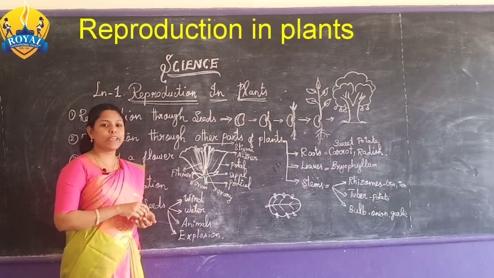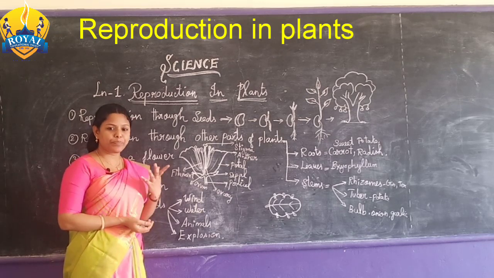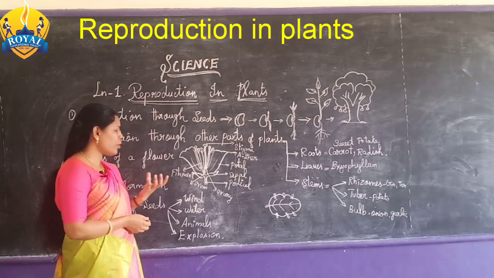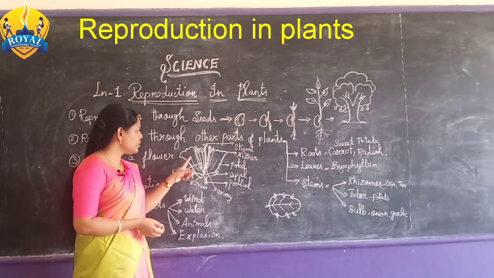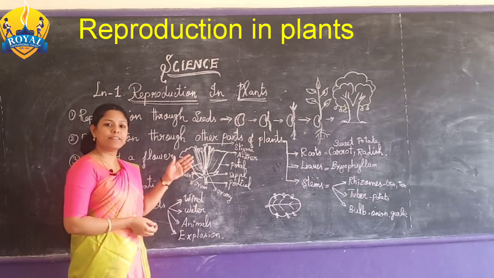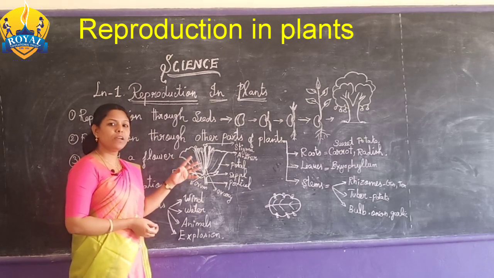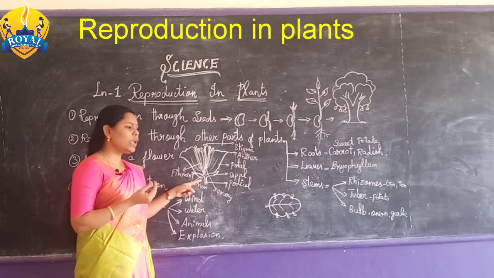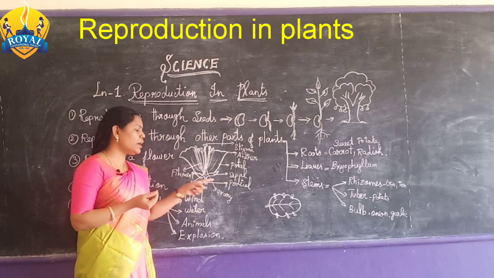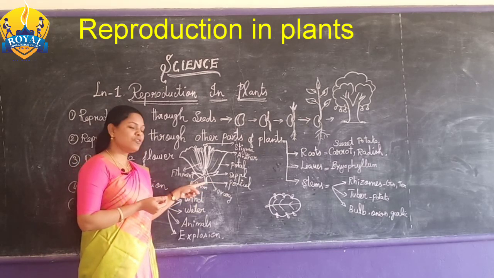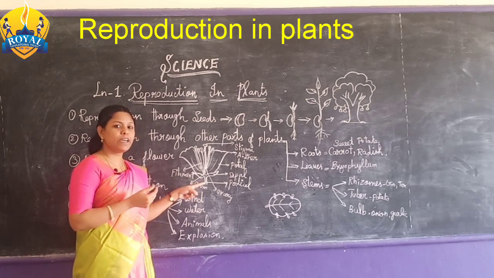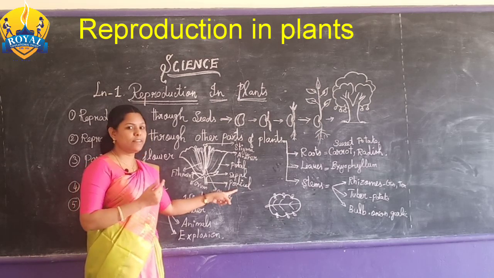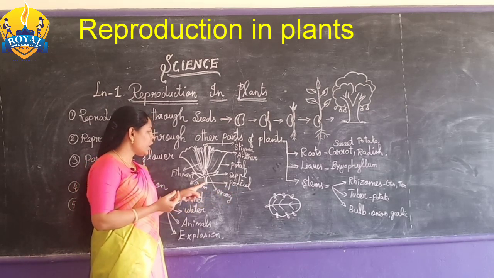First of all, for example, take a hibiscus flower. Here I have drawn the longitudinal section of the hibiscus flower. In that flower there is a small green structure, that is the pedicel. The green structure is attached to the stem of the hibiscus plant.